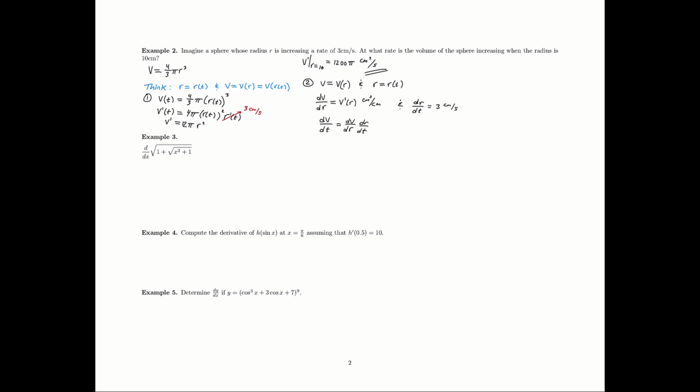So then, if we do this entire thing, when the radius is 10 centimeters, then this becomes dV/dr.